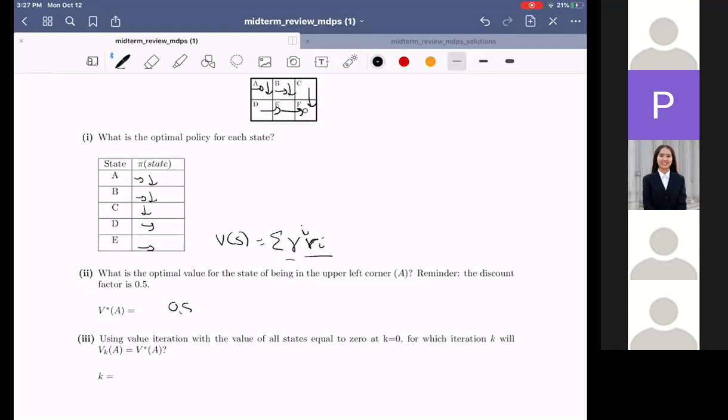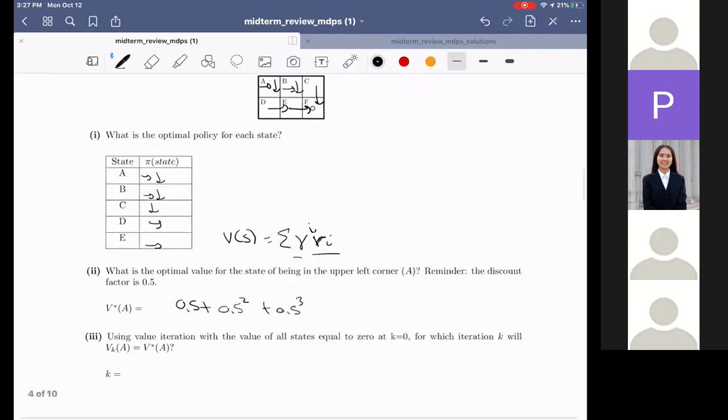In this case, we're deterministic, but what we do need to multiply is the rewards. So you can do 0.5 times 0 plus 0.5 squared times 0 plus 0.5 to the third power times 1, because you can only get a reward of 1 in 3 steps.